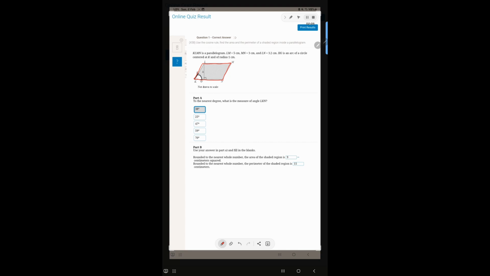To find the area of the sector, we know that the area of a circle, so 360 degrees, is equal to pi r squared. And here you have 38 degrees is equal to x. So you cross multiply these. You already have r is equal to 1. So 38 times pi times 1 squared over 360.